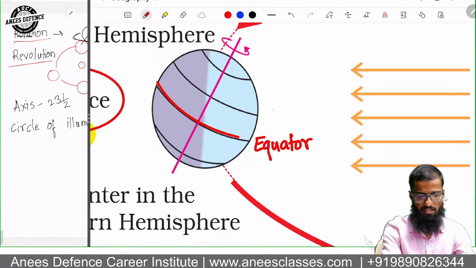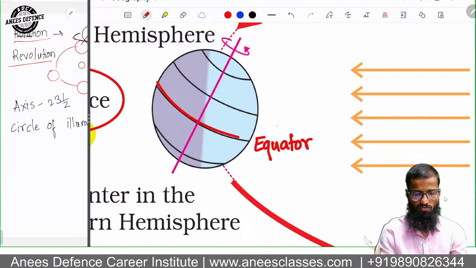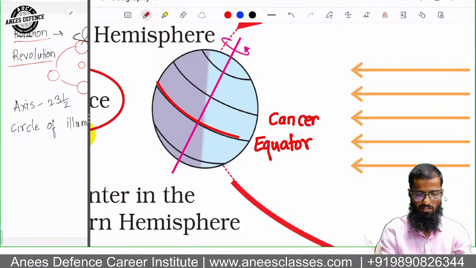And this is, what we can say, Cancer. And the next circle is the circle of the Arctic region. So this is Arctic.